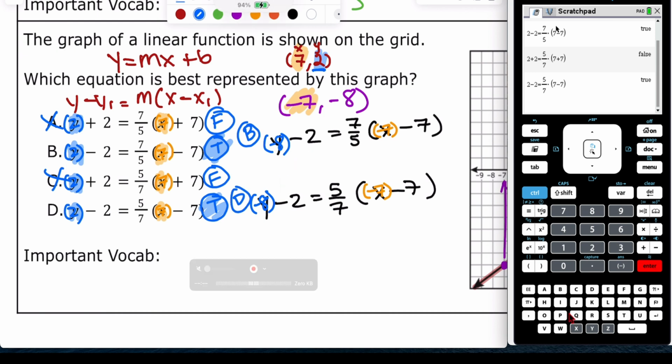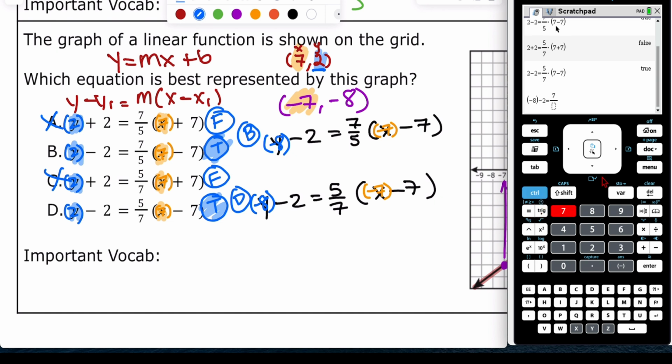So let's try B. Parentheses, negative 8, parentheses, minus 2 equals, control divide, 7 over 5, parenthesis, negative 7 in the parenthesis, minus 7, enter, and that gives me false.